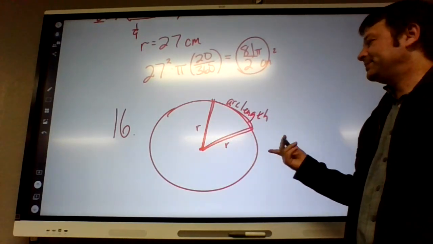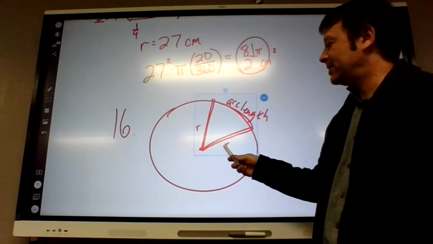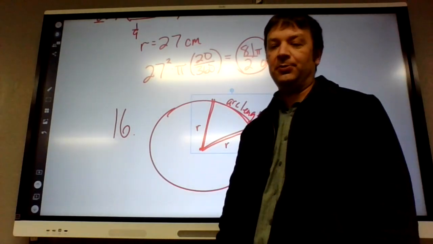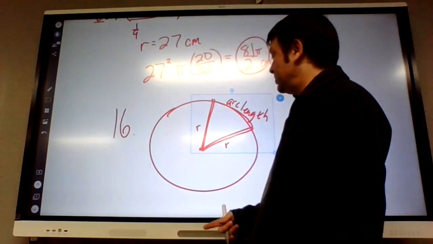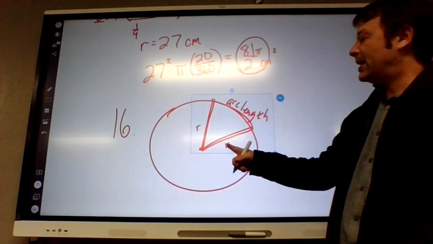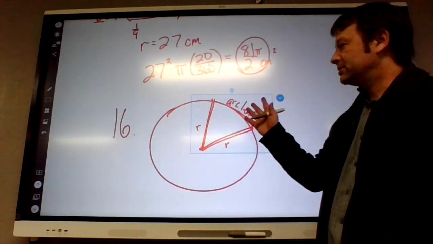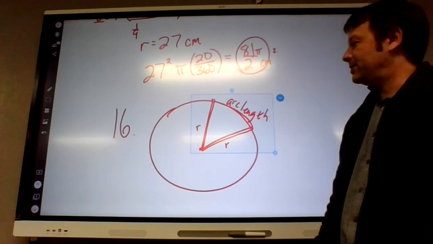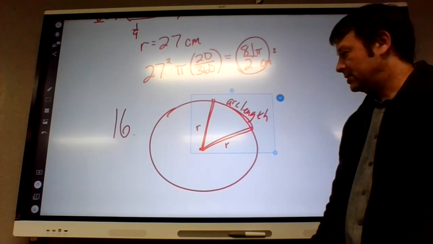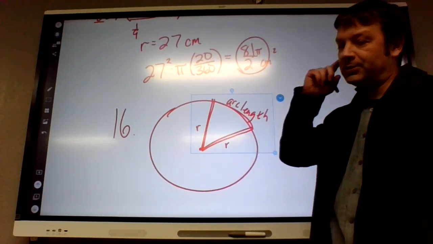It's not really hard to find the radius. I think they just tell you the radius. The radius is 4 in number 16, so you just take your arc length and add 4 plus 4, just add 8. Now that I told you how to do it, let's go ahead and do that. Make sure you add 2 radii onto your arc length.